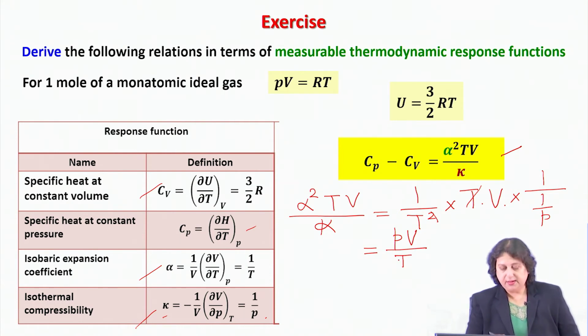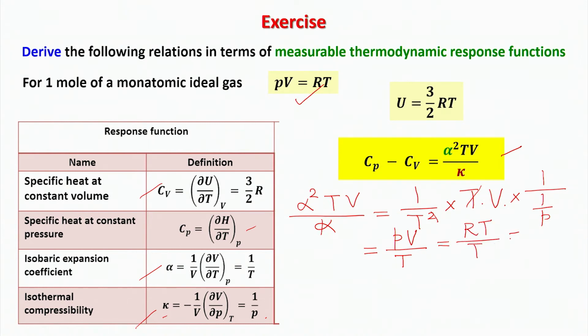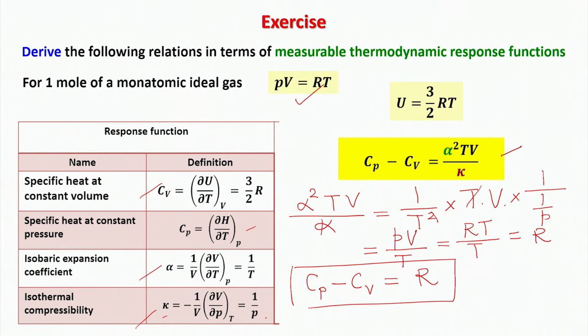Now, what is PV? Since it's an ideal gas, I know this is equal to RT. Therefore, this term is nothing but RT by T, and this is equal to R. Therefore, for 1 mole of an ideal gas, we have been able to show that Cp minus Cv is equal to R. Is that clear?